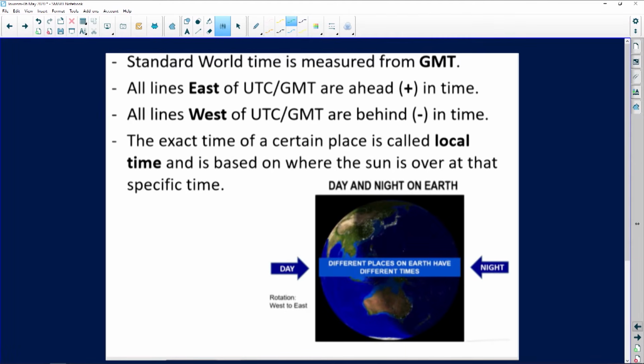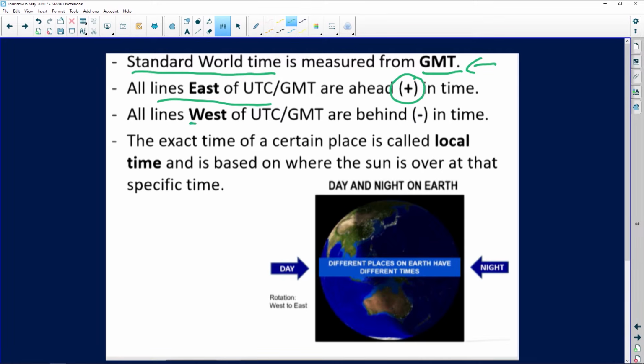All right, so standard world time is measured from this GMT. So we say standard world time because every place in the world has a different time. All the lines east of the GMT are ahead of standard world time, ahead of this GMT.